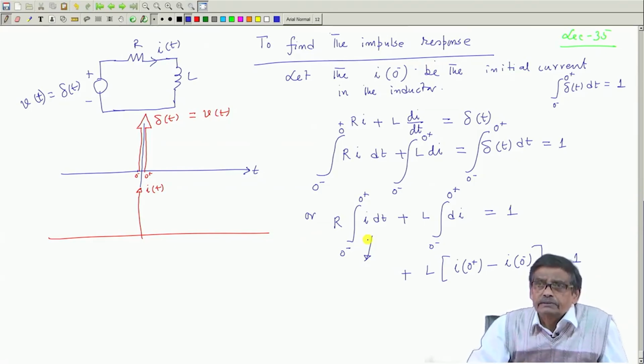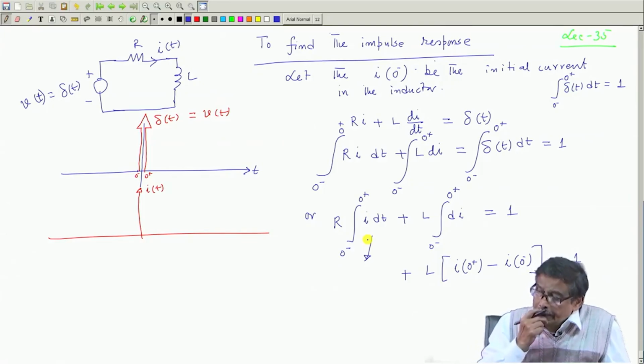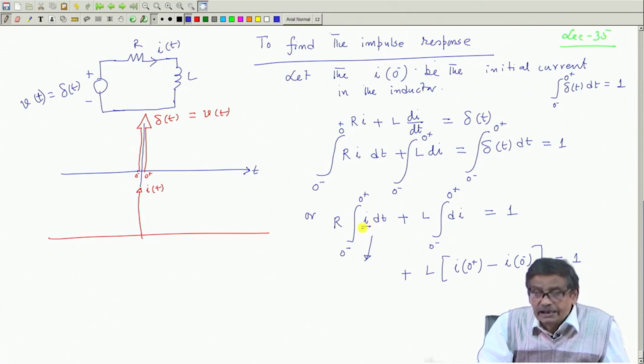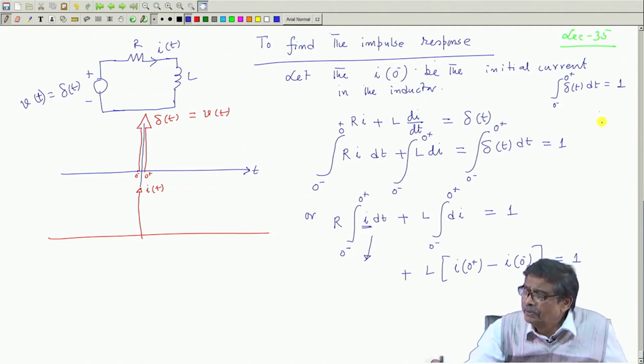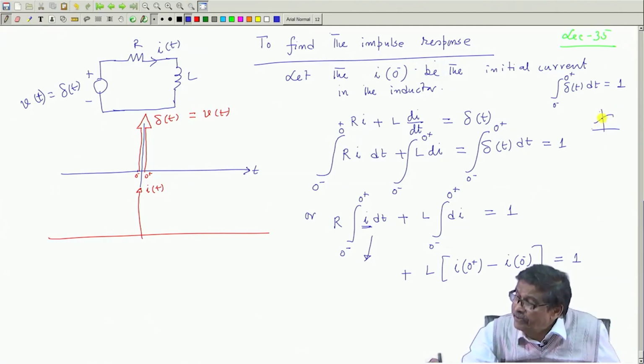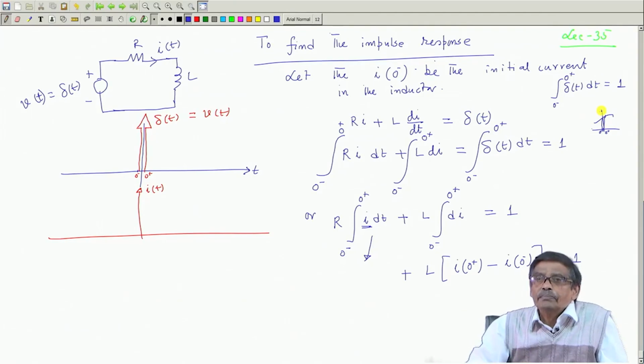Whatever that current waveform is, you are trying to calculate the integral of i dt as dt becomes vanishingly small. The upper and lower integration limits give the area under this response. Suppose the response of the current is something, I am not sure what it will be, but any function you integrate between 0 minus and 0 plus, that area will become equal to 0.